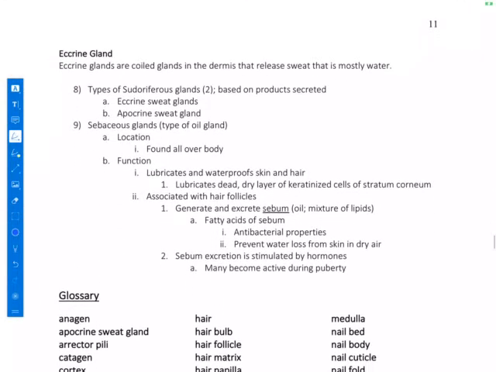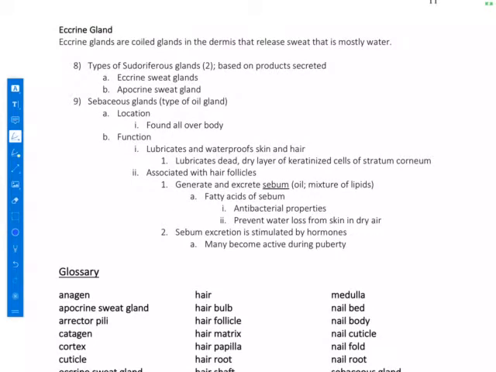So in the skin, there are basically two types of Sudoriferous or sweat glands, and it's based on the way in which the product is secreted. The first one is the eccrine sweat gland.